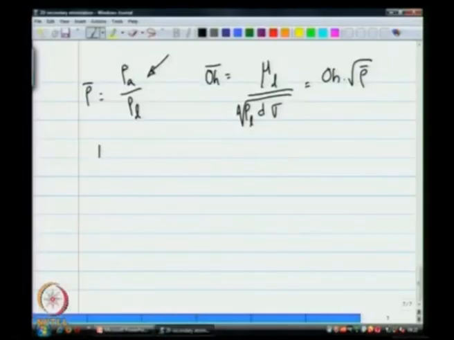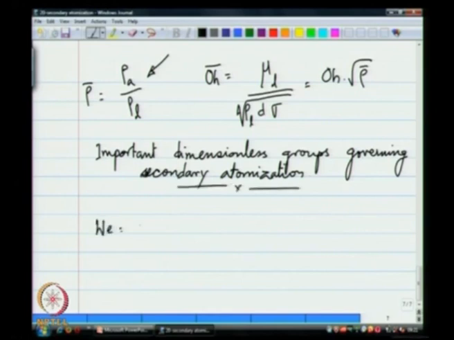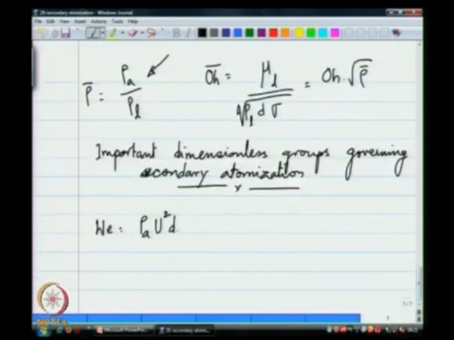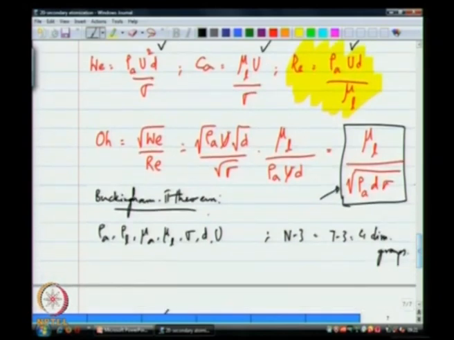What we are going to do is start from there and say I could have the important dimensionless groups governing secondary atomization, we have a Weber number which we showed, and like we said at the end of the last lecture, there are many combinations of these dimensionless groups, Weber number, capillary number, Reynolds number, and you can see Ohnesorge number which is formed by a combination of these Weber number and Reynolds number.